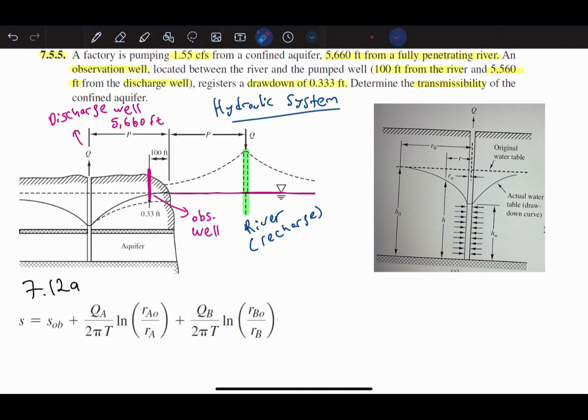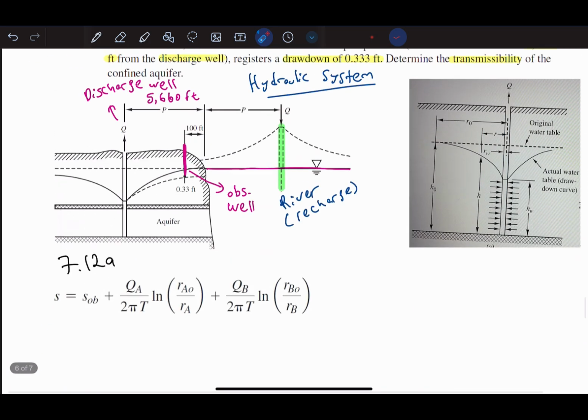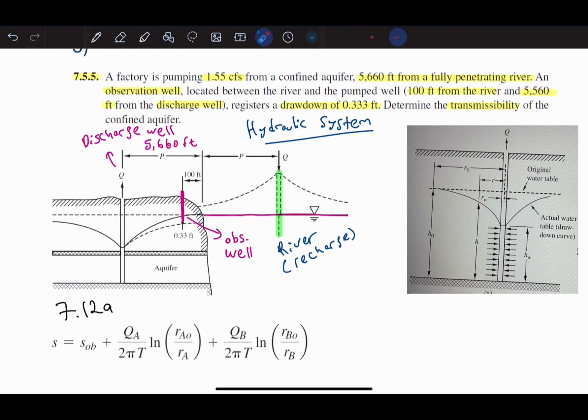So basically, the discharge well is here at this distance, and to create a hydraulic system to represent this complex aquifer system, we created this imaginary well.